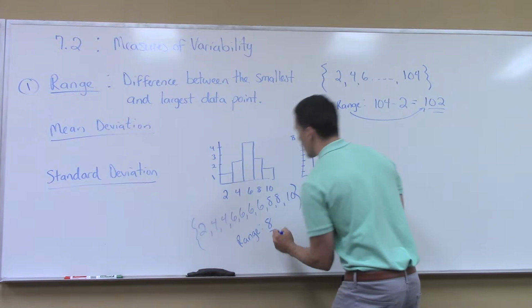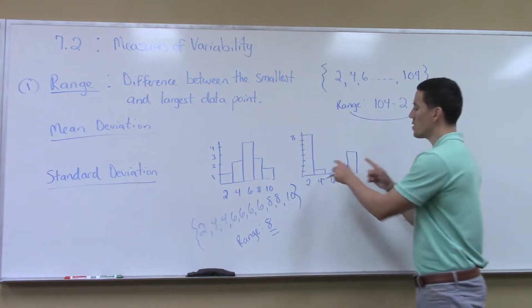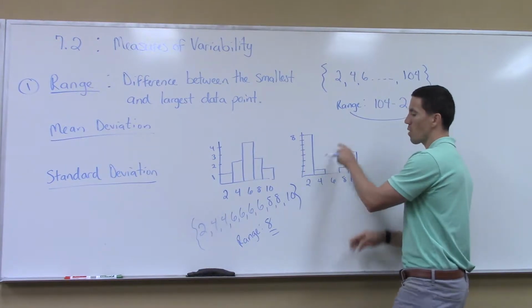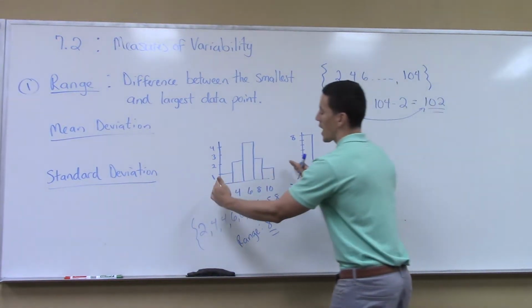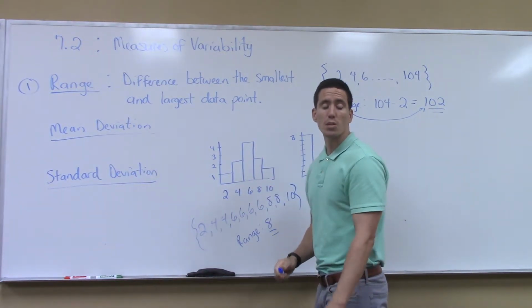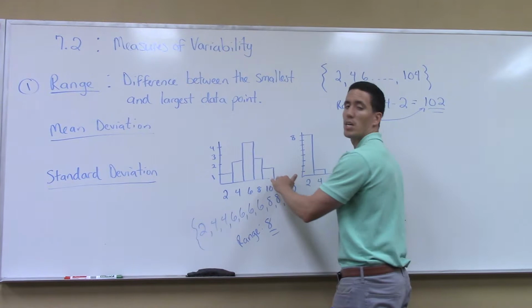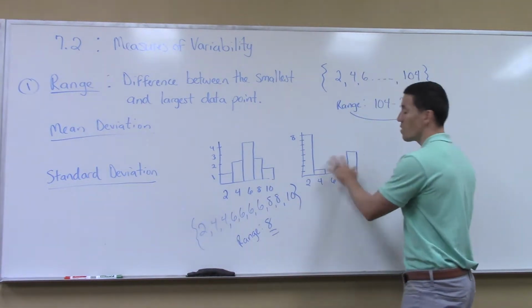Now, the interesting thing is, if I were to repeat that with this data set, this graph looks a lot different from this one. It's spread out a lot differently. This one builds towards the middle. This has what we'll call in section 7.3 a normal distribution, a bell-shaped curve distribution, where this is very different from that.